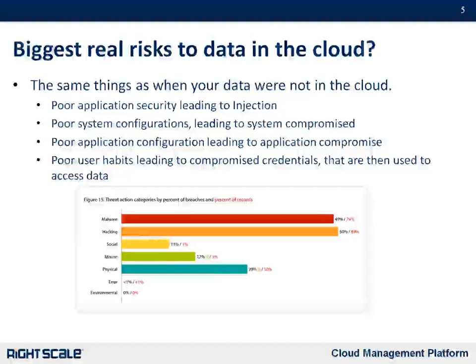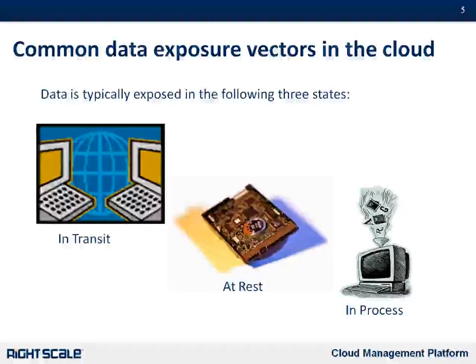One of the things I like to point out is that if you looked at any of the high-profile attacks that have happened in 2011, and there have been a boatload of them, none of them, not one, was because of some super sophisticated cloud-based problem. They all fall into that generic security problem. So we need to think about that as we're thinking about how to secure data in the cloud.